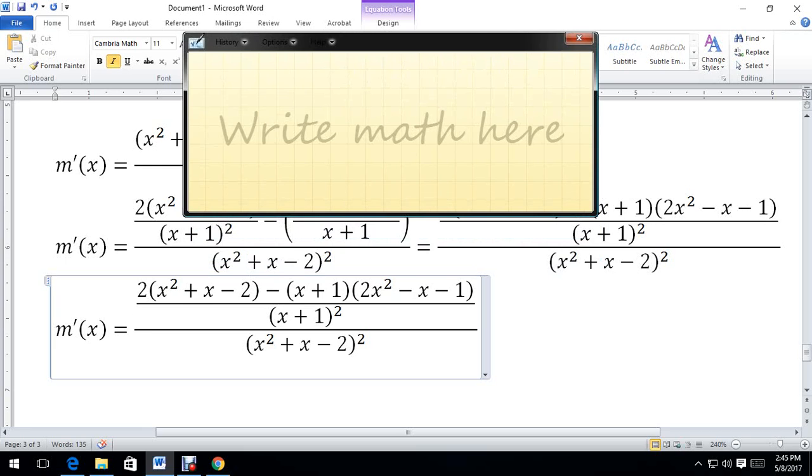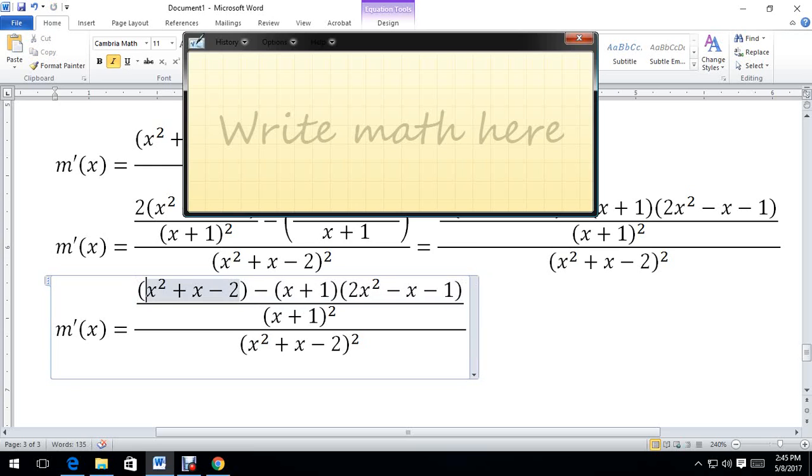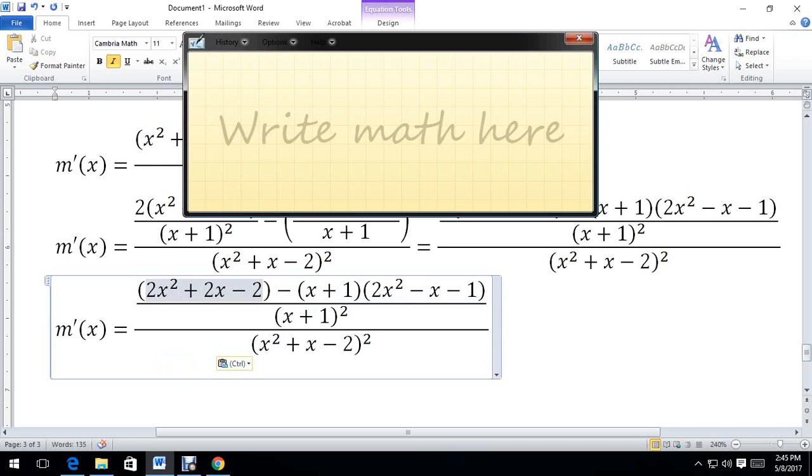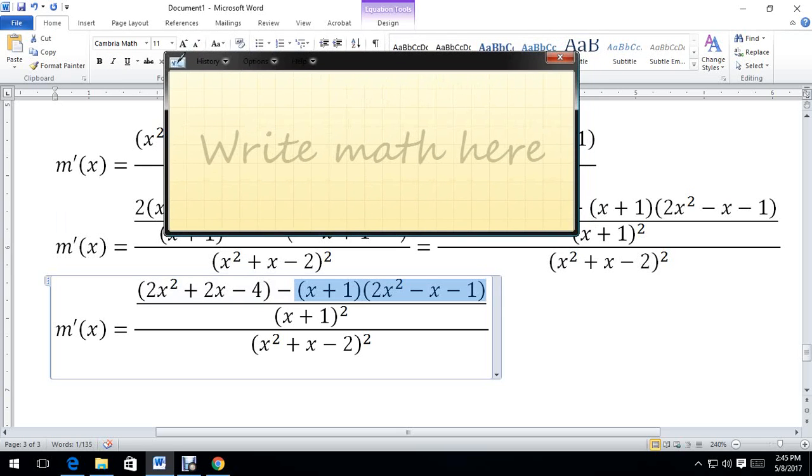So doing that, this becomes 2x squared plus 2x, and 2 times 2 becomes 4. Alright? Now next, we have here a distribution between x plus 1 and 2x squared minus x minus 1. So in order to replace this, perhaps we'd write the replacement.